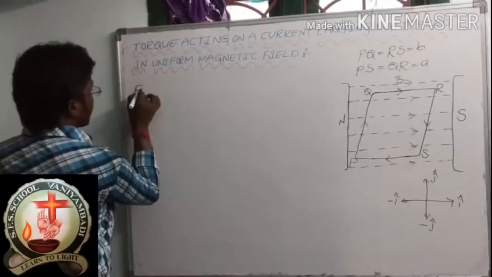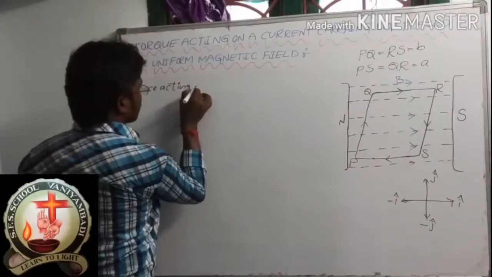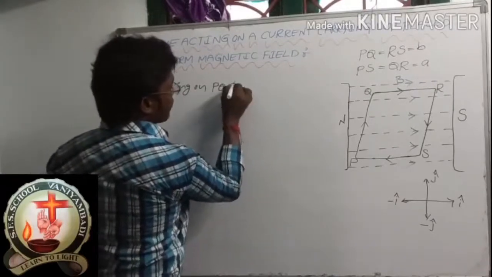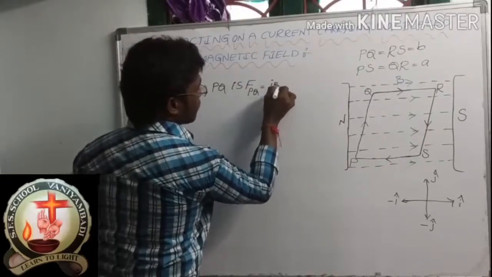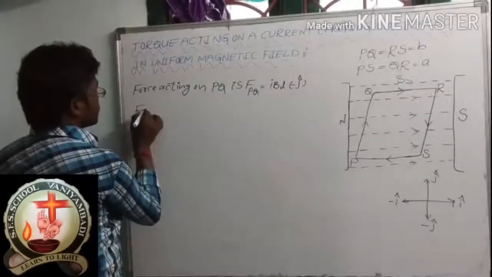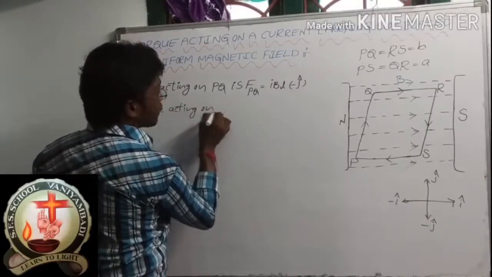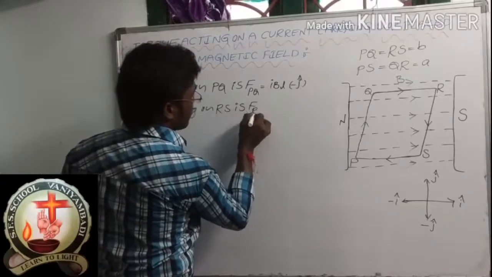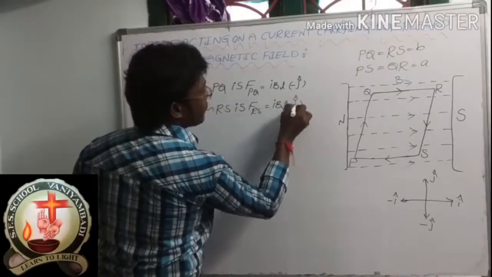First one, force acting on PQ. F_PQ is equal to IBL minus j cap. Then next one, force acting on RS is F_RS equal to IBL j cap.